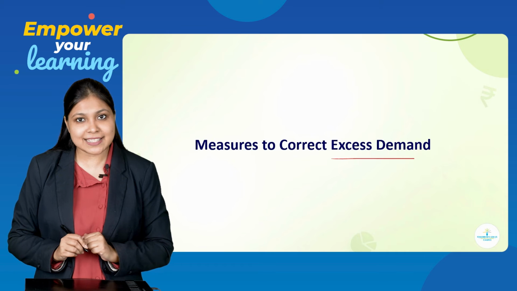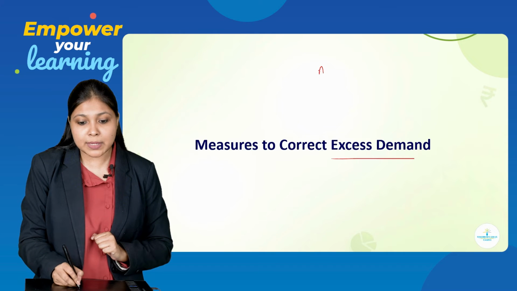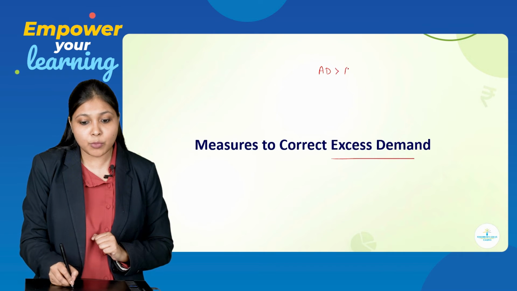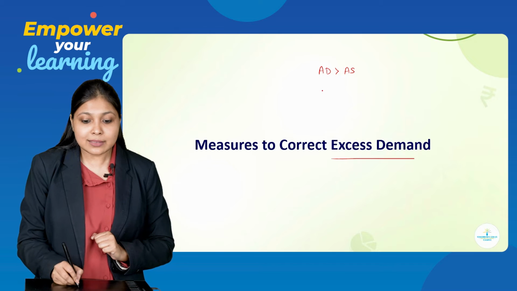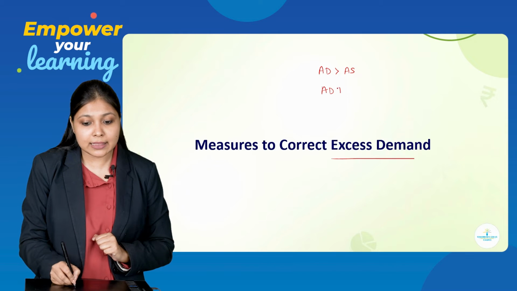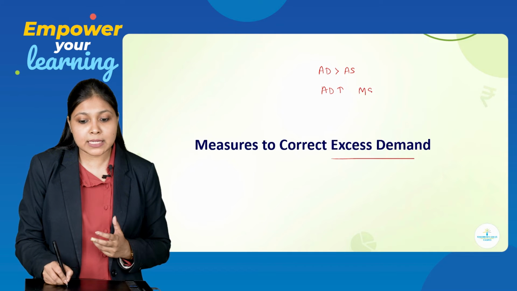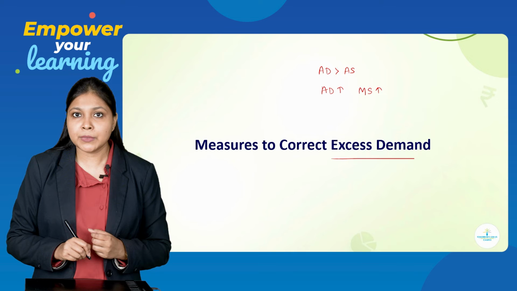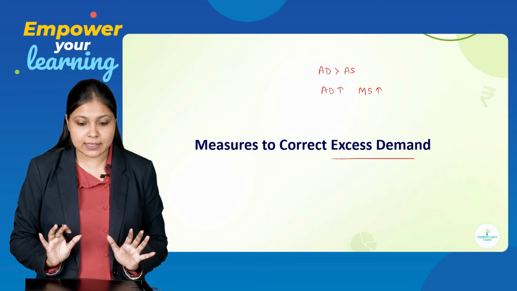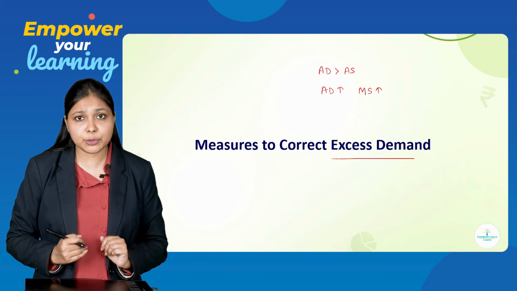We know what is excess demand. Excess demand is the situation where aggregate demand is more than aggregate supply. That means AD is high in the economy, because money supply is more in the economy. That cycle we have understood yesterday. Now what do we have to do actually?